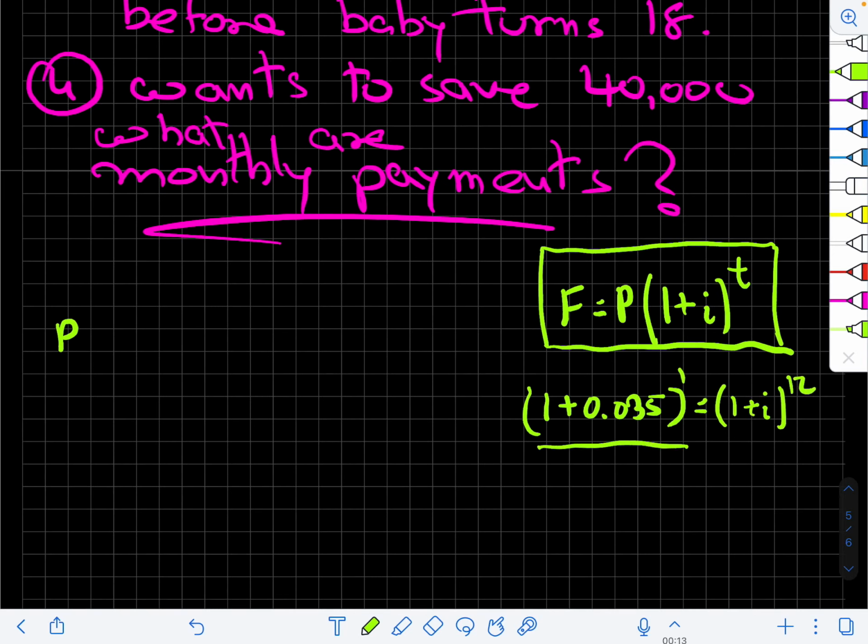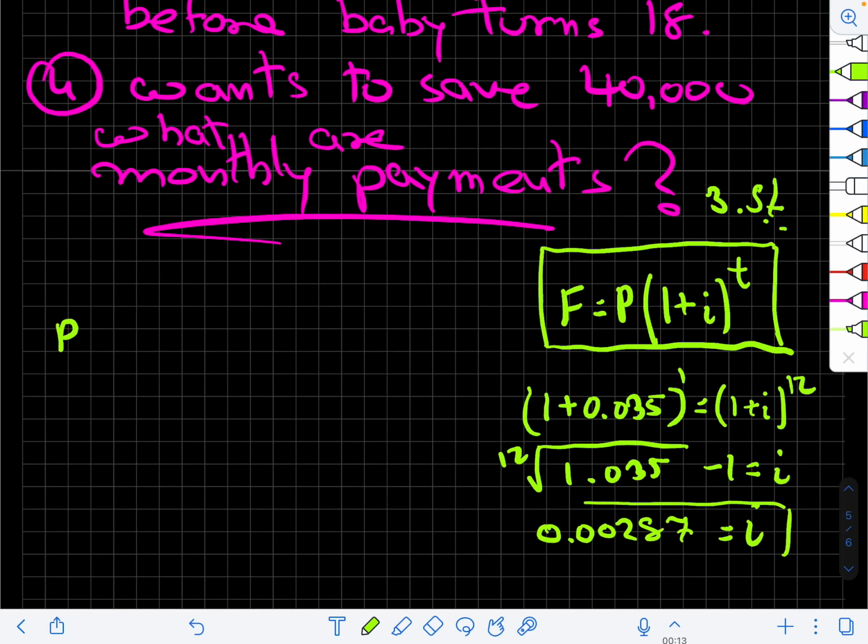We rearrange this: the 12th root of 1.035, and then we take 1 to get the I itself. Let's say the question asks for 3 significant figures. That means we take the first 3 numbers after the 0, and when we do that in the calculator we get 0.00287. So we use this as our interest for all the question.